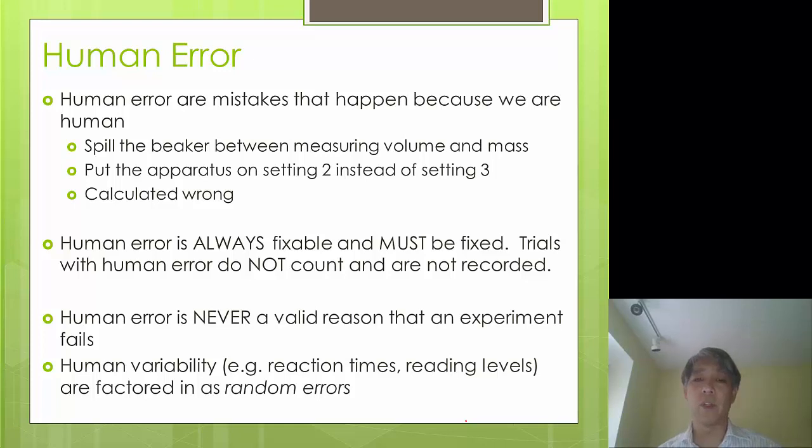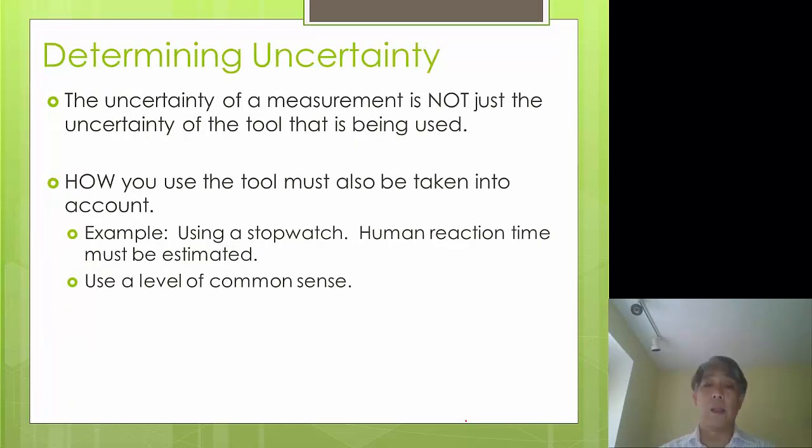Human variability, like the reaction time hitting a stopwatch, or reading the volume of a liquid, those are factored in as random errors. Okay, not the human variability, but human errors because of mistakes we made in our methods and procedures. Those we must fix.